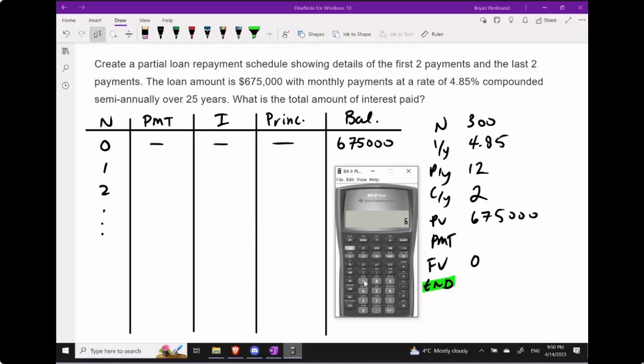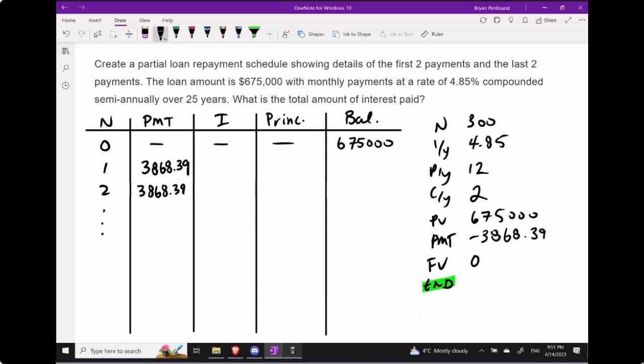Let's take $675,000 to be our principal amount and 0 to be our future value. If we compute the payment size, we get around $3,868.39. I'm going to jot that value down for our first two payments.